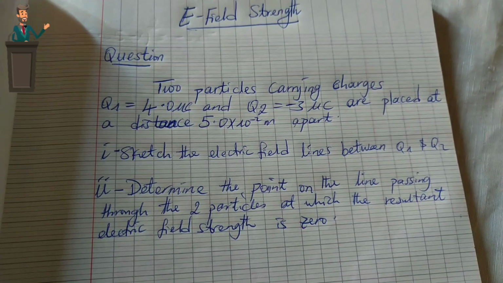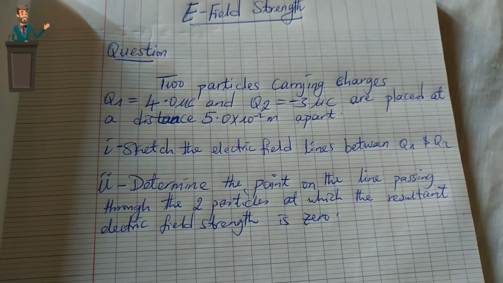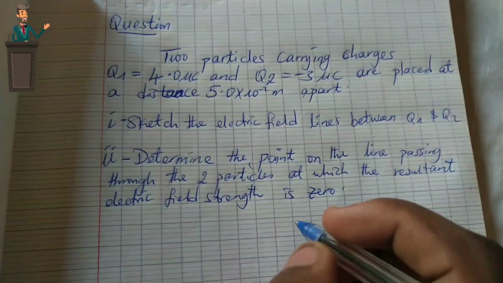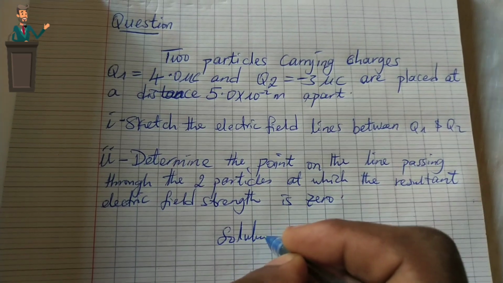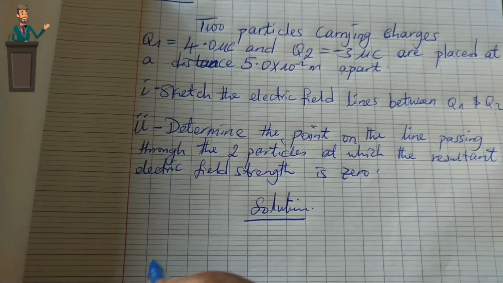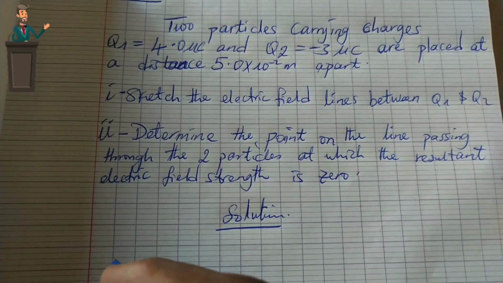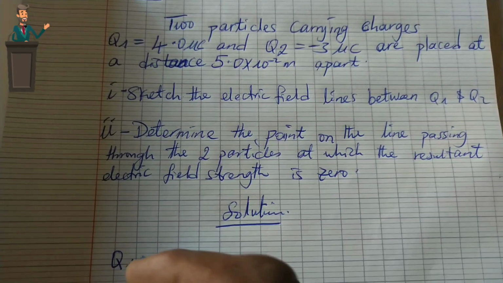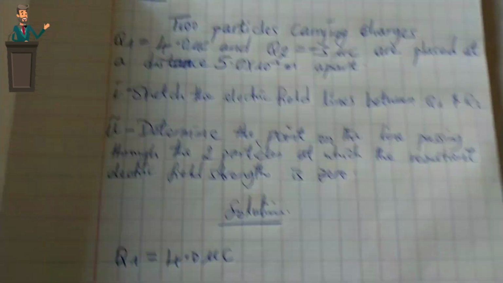The question reads: two particles carrying charges Q1 and Q2. So I will develop a solution. I am going to take down the given information, collect my data. I have that Q1 is 4.0 microcoulombs.